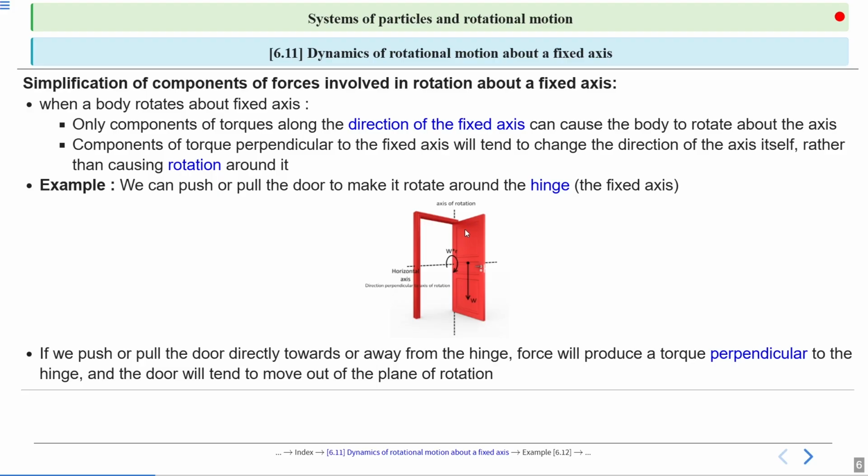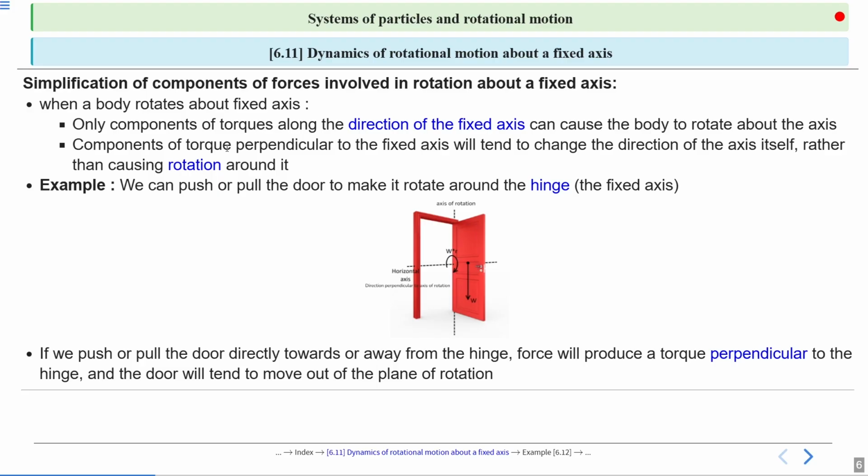Yes or no? It might shake a little, but it won't rotate because there is no perpendicular distance from the axis. The torque is zero. So even though I am applying the force, it does not help in rotating the door.